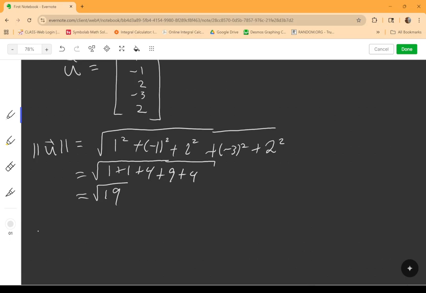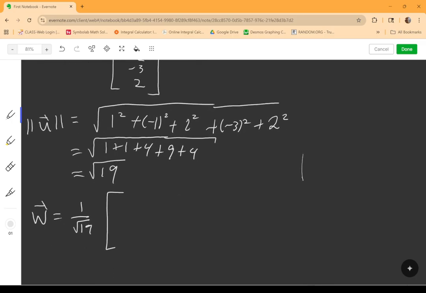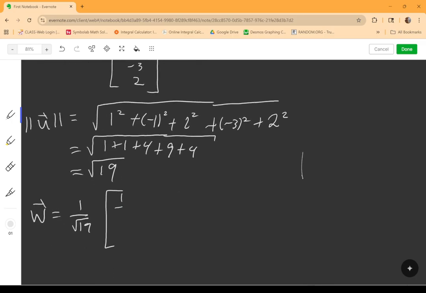I'll redefine a new vector w to be 1 over root 19 times (1, -1, 2, -3, 2).